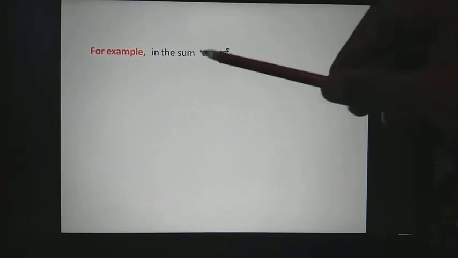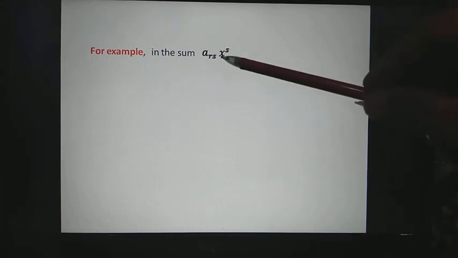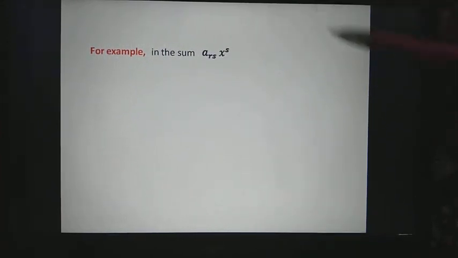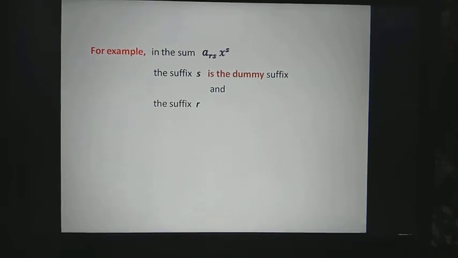So we can write this ars xs as ar lambda x lambda, or ar j xj, like this. And the suffix r, as it occurs once, is the free suffix.